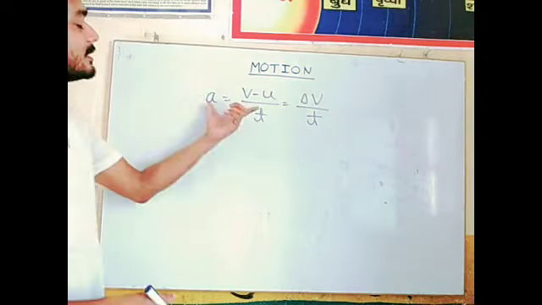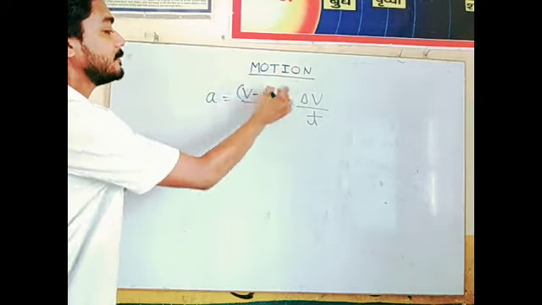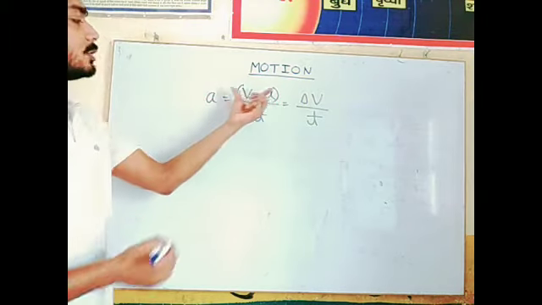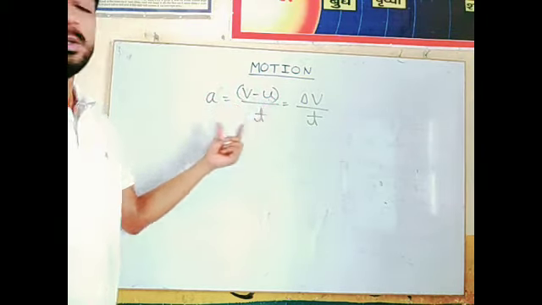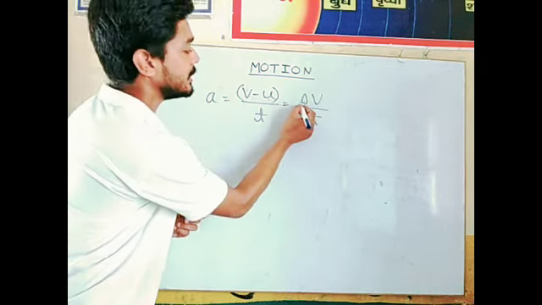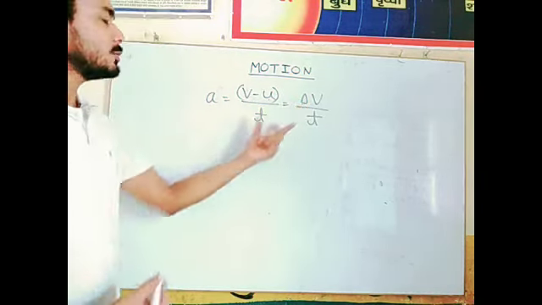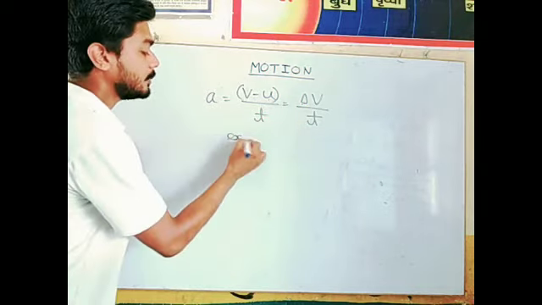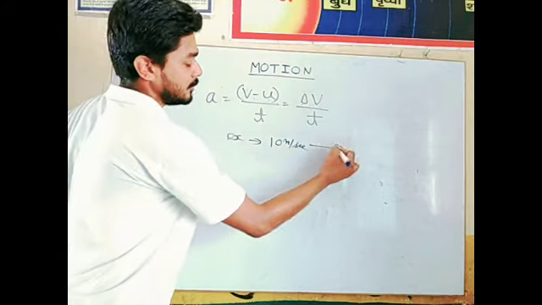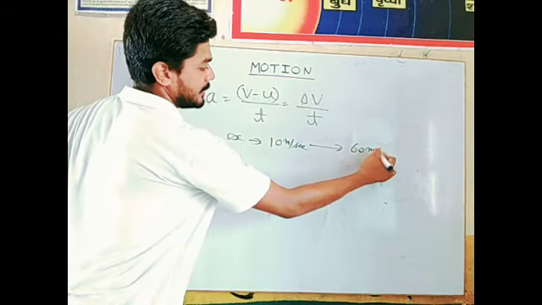Students, as we discussed, acceleration is v minus u by t, and in place of v minus u, which is the change in velocity, we will use the symbol delta v by t. Here delta denotes the change. For example, a body started with velocity 10 meter per second and attains a velocity of 60 meter per second.